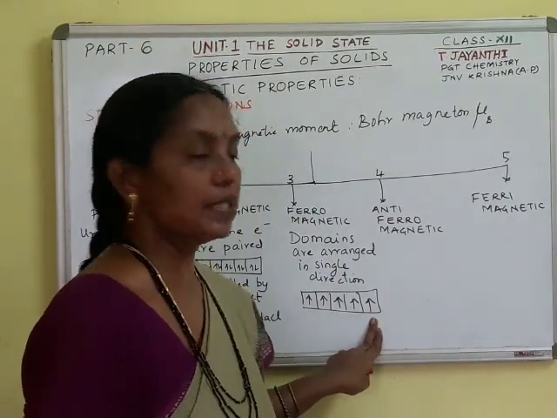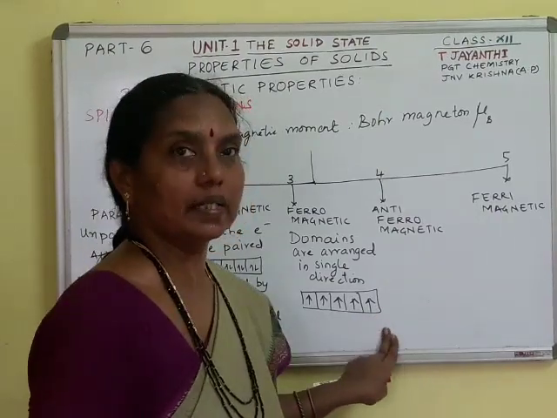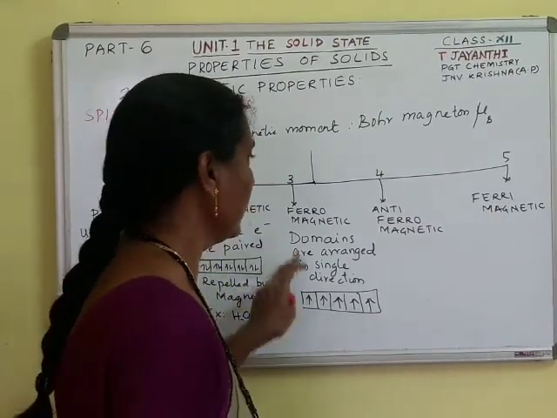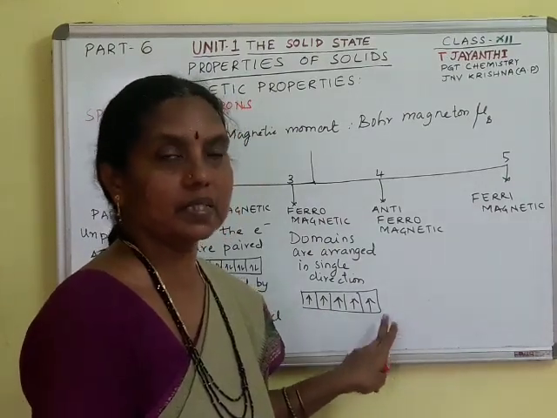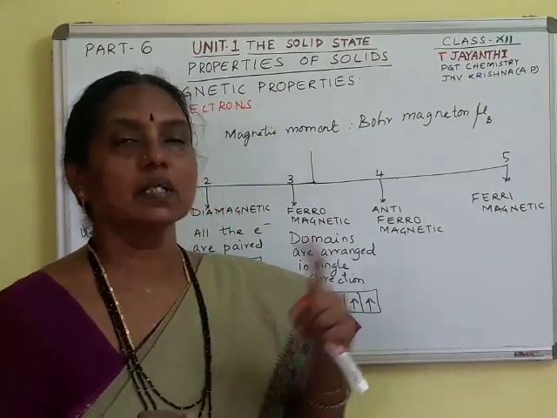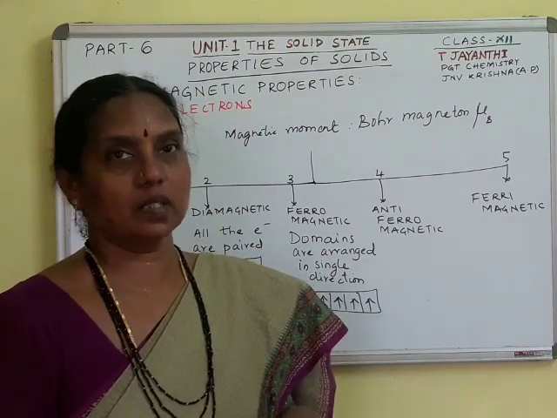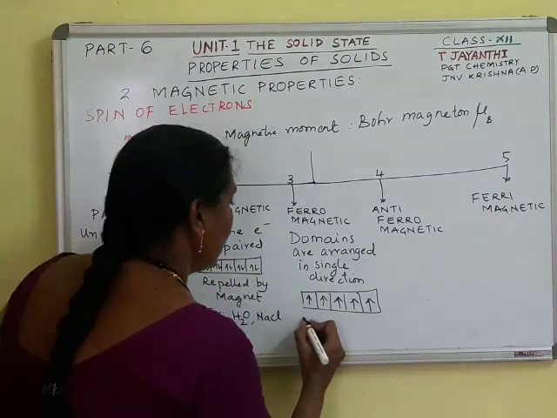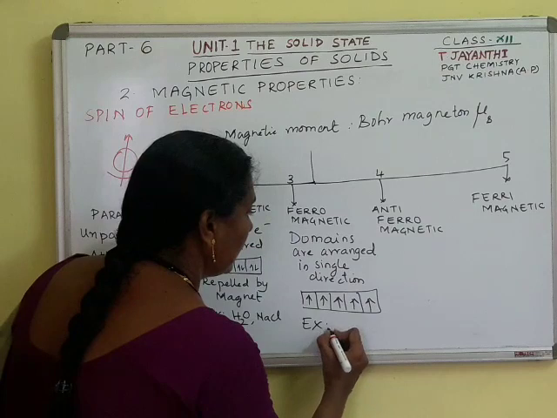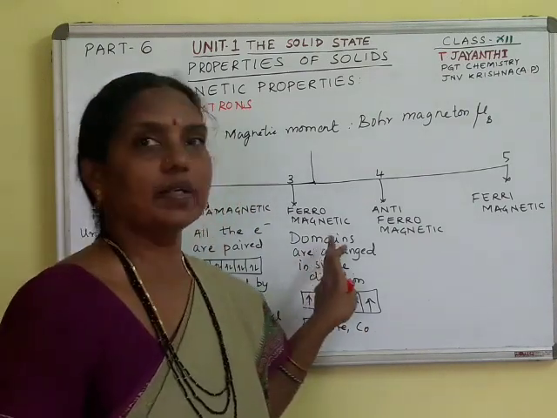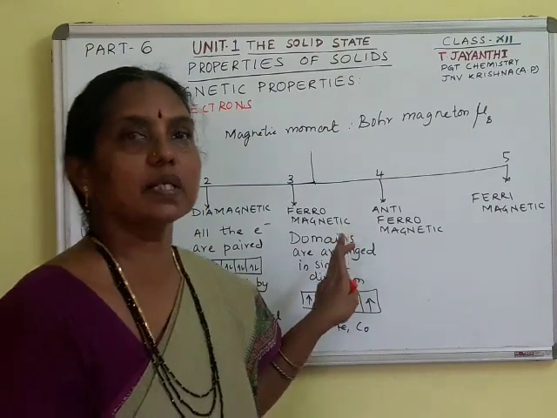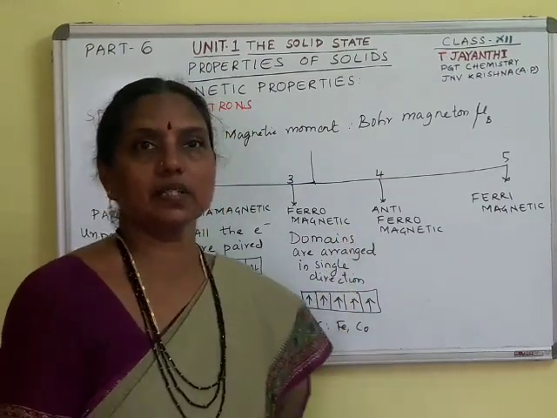That is why they are showing magnetic property. This is the reason why a magnet has north and south. Here we can take the example of iron and iron-like metals. Cobalt also can be taken. So in ferromagnetic substances, domains are arranged in a single direction.